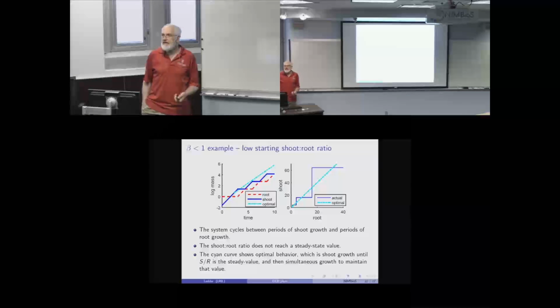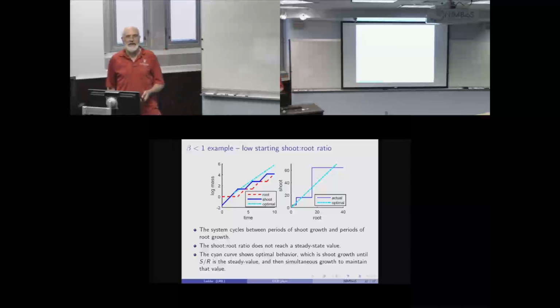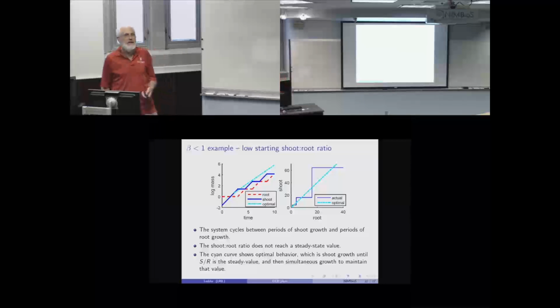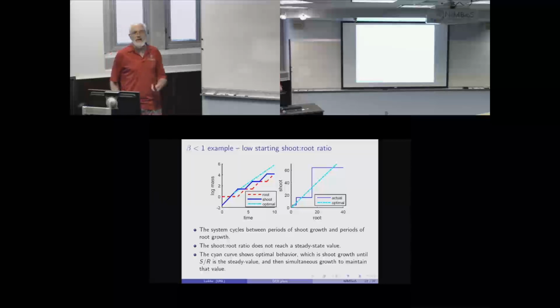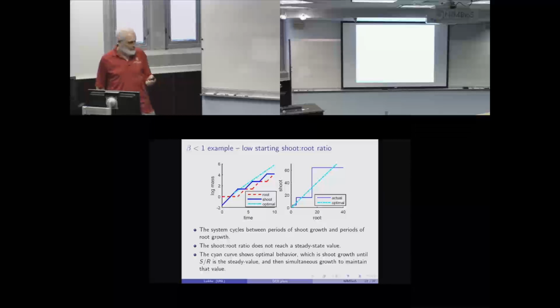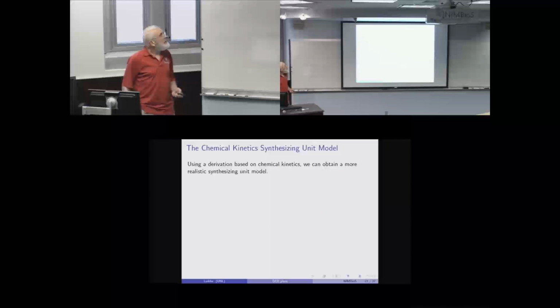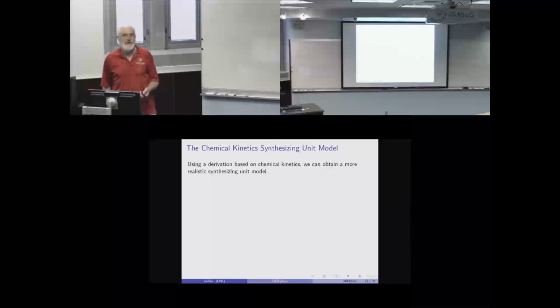And it could be that it doesn't happen because this is a flaw in the model, which I think is part of the reason. It could also be that it doesn't happen because beta is really greater than 1, so this scenario never arises, which I think is also true. All right, so I think that one of the things that this shows is a flaw in the minimum model.